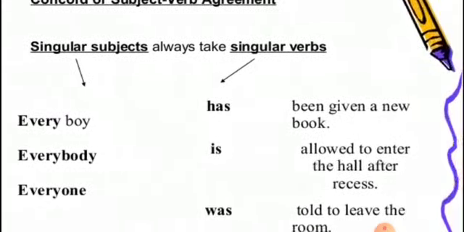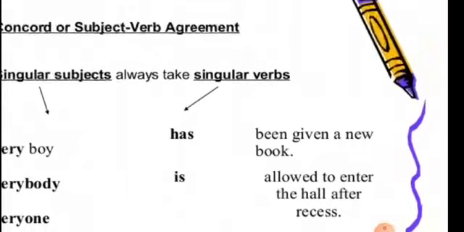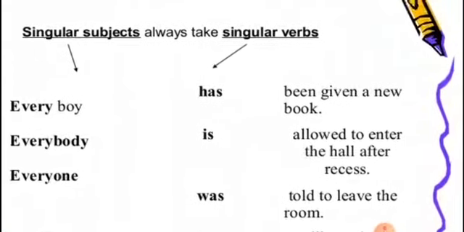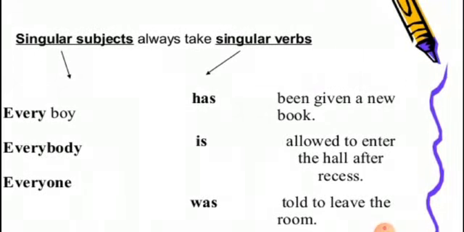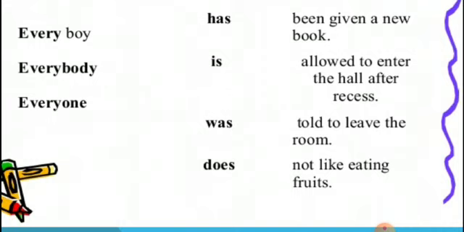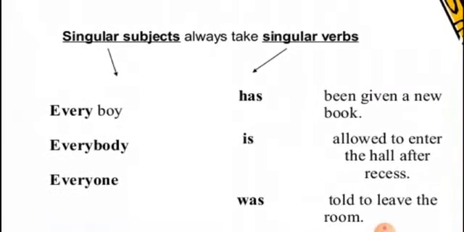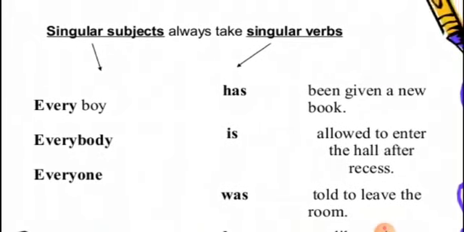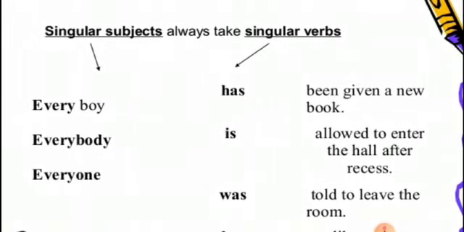So I say every boy has been given a new book, or everybody is allowed to enter the hall after recess, or everyone was told to leave the room, or everyone doesn't like eating fruits. So all of these indefinite pronouns, every, each, everybody, everyone, are called singular subjects, and they always take singular verbs.